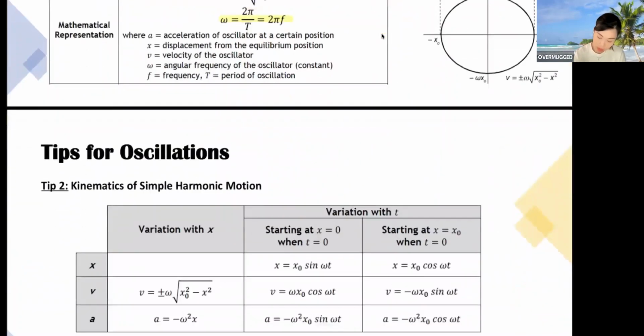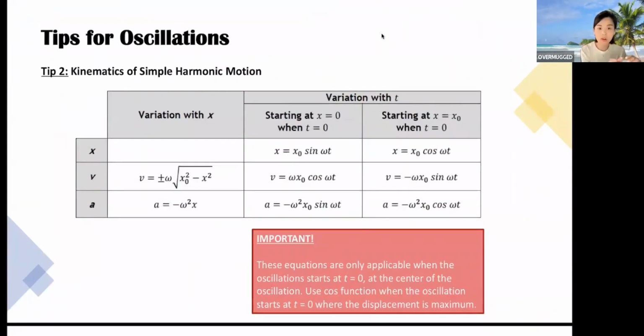Next, the kinematics of simple harmonic motion, meaning how the values of my simple harmonic motion change accordingly. One important thing I need you to take note of is this: the equations are only applicable when we start at t equals 0.